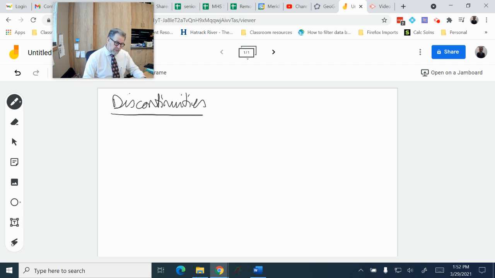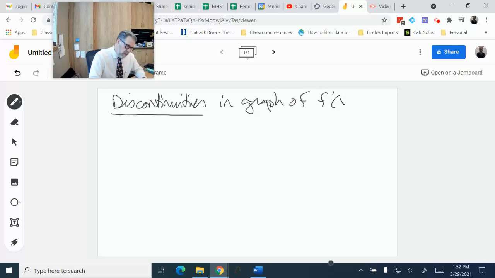All right, so let's talk about what happens when we see discontinuities in the graph of the derivative. Here I've got a graph of a derivative, and it does its thing, and then all of a sudden it jumps down to here.